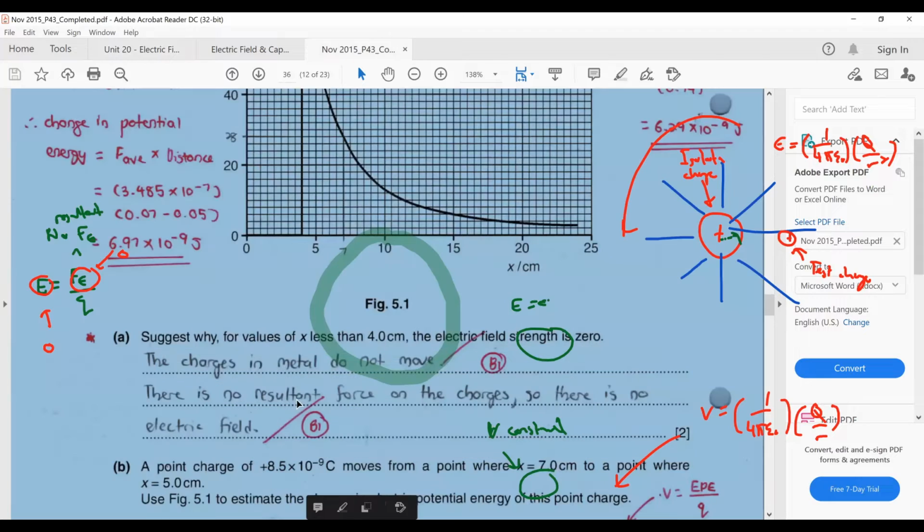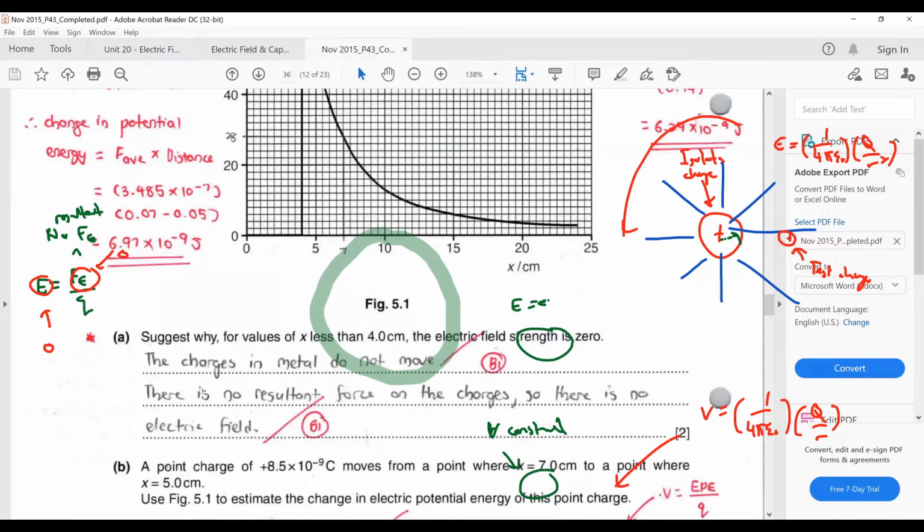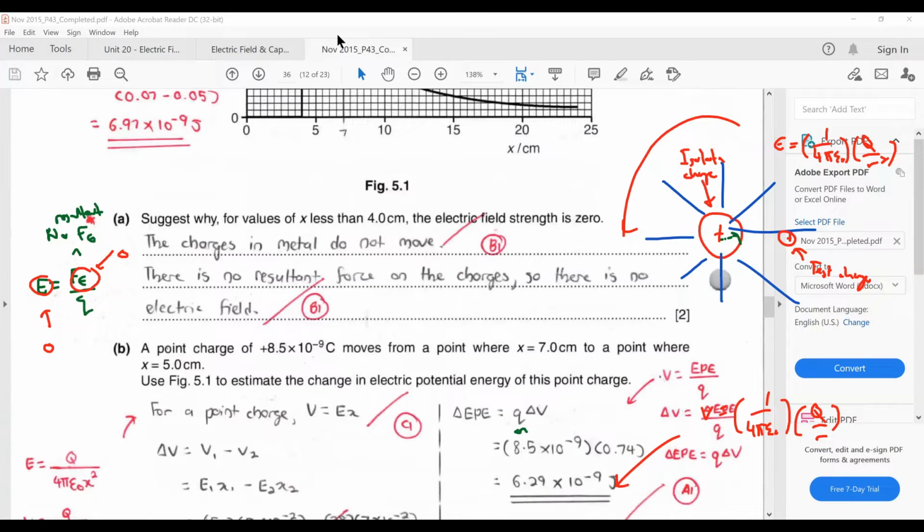There's no resultant force on the charge, so there is no electric field strength. The question here is asking you to explain why the field strength is 0, so you can say that they don't move, there's no force, so field strength is 0. This is the common answer for that one. Okay, so that part is fine.